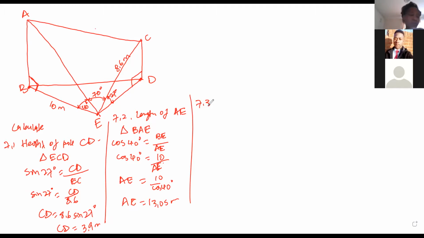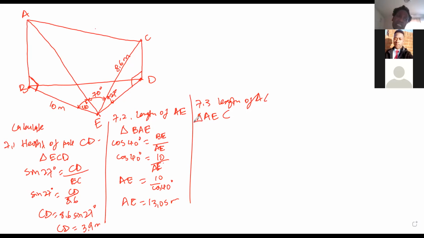7.3. Calculate the length of AC. Where is AC? Can you see AC is only in triangle AEC, if I'm not mistaken.